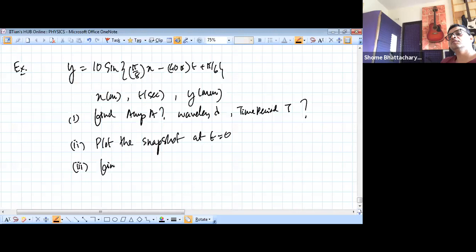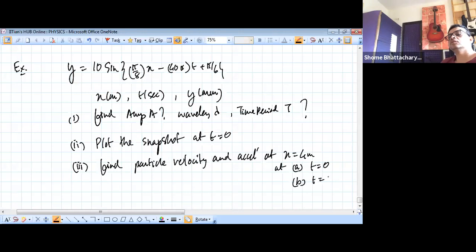Not the snapshot. Find velocity and acceleration at x equal to 4 meters, t equal to 1/40th of a second.